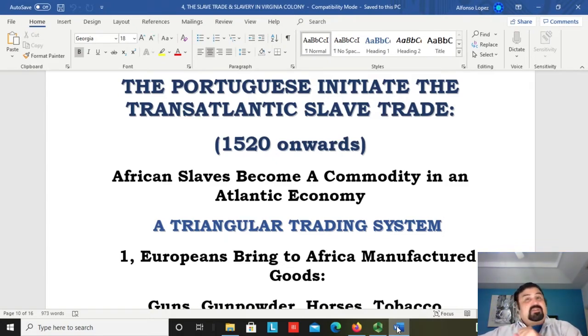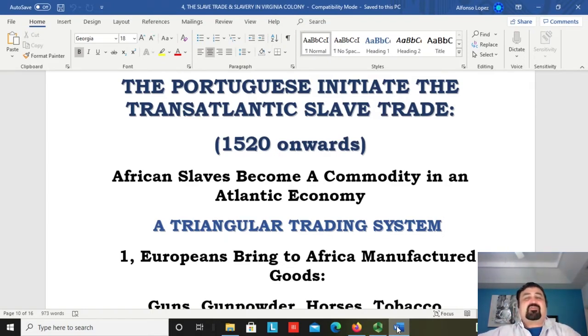So the Spanish must obtain slaves from the Portuguese, because the Portuguese are the main suppliers, the only suppliers.